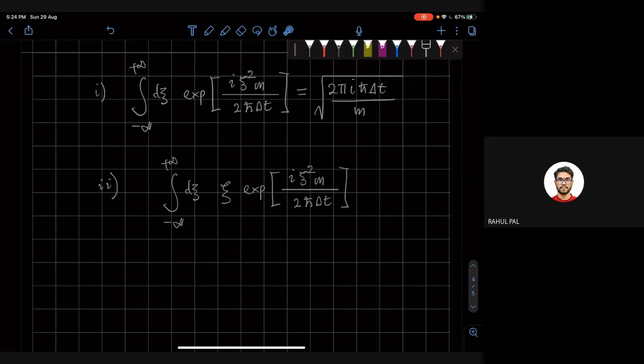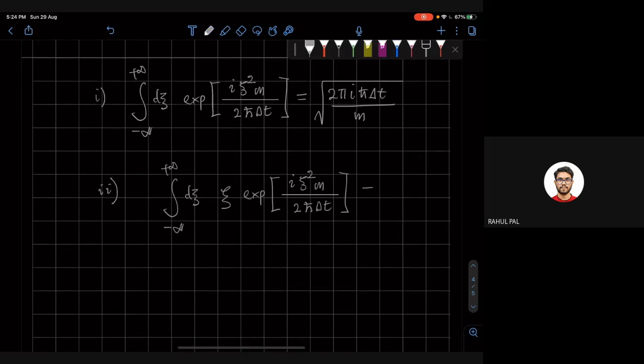So what is the integral for this? Do you know? Okay, let me ask you another question. 0? 0, exactly. Why?